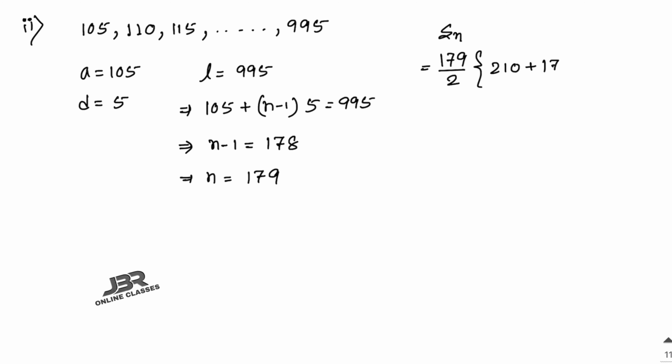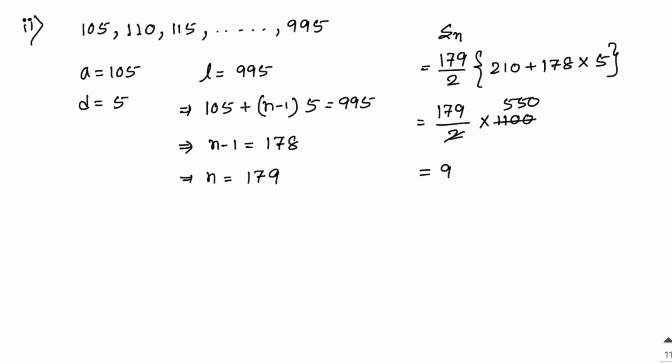Then 178 into D, here 5. So 179 by 2, then 178 into 5, it's 890, plus 210, it's 1100, divided by 2, it's 550 into 179, and here your answer is 98450.